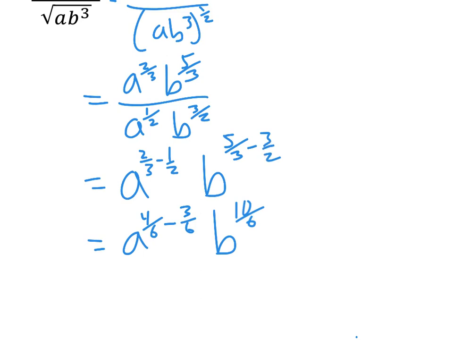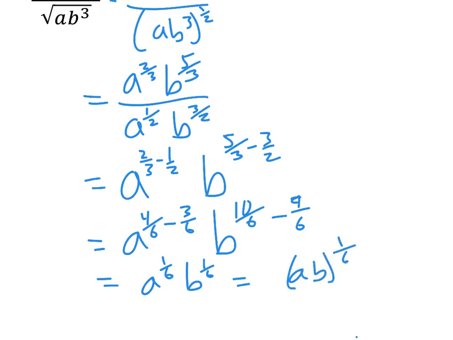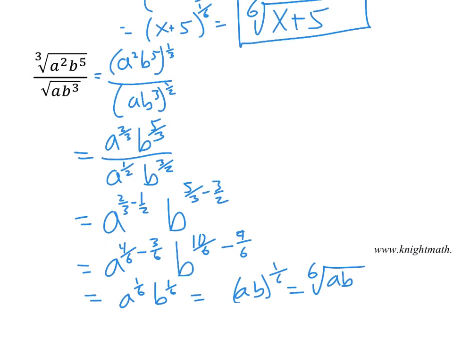Multiply top and bottom by 3 here. So 9. And that leaves us with A to the 1/6 times B. 10/6 minus 9/6 is 1/6 also. So this is really AB to the 1/6, which just turns out to be the 6th root of AB. That's it. Simplifies pretty nicely.